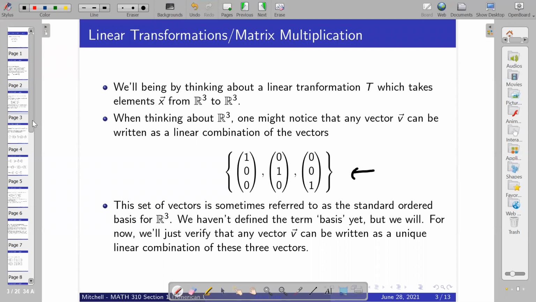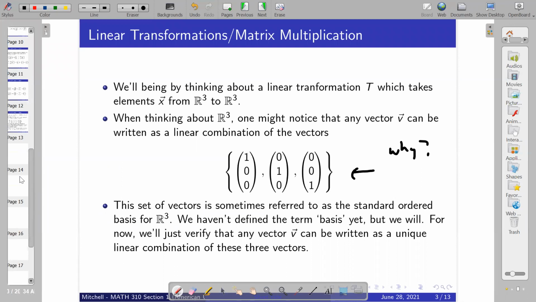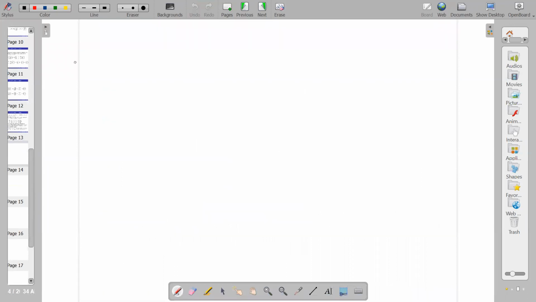So, why is this true? How would you come up with a linear combination? So let's just see it. Let V be a vector in R3, so I'll write it this way. Now, remember that V sub 1, V sub 2, and V sub 3 are just numbers.